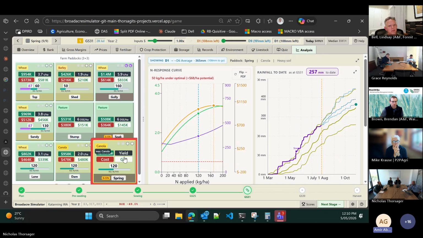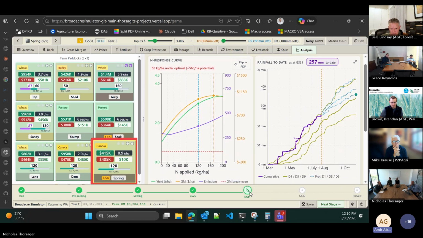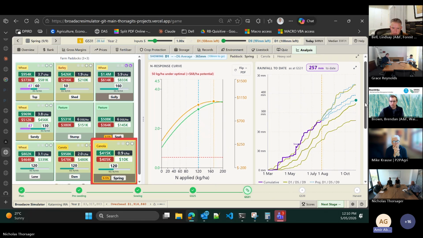And here people can also see, when they see the orange line, they can see the gross margin. When they see the green line, they can see their agronomic line, that is their yield. So many farmers send their soil test to the analysts, and it comes back and says, what is your target yield? And the farmer says, my target yield is 3 tons, 4 tons for a particular paddock.